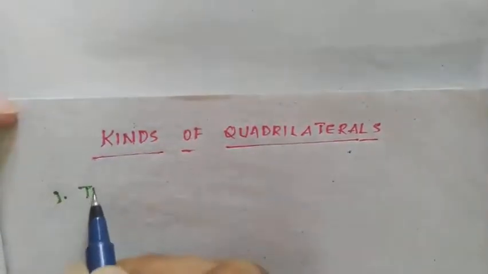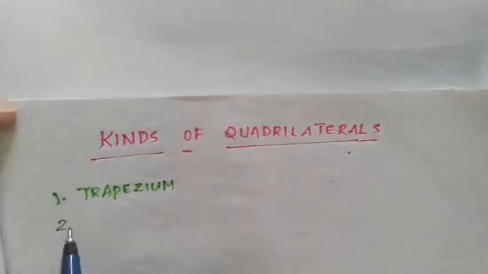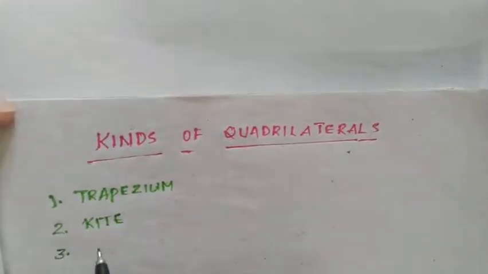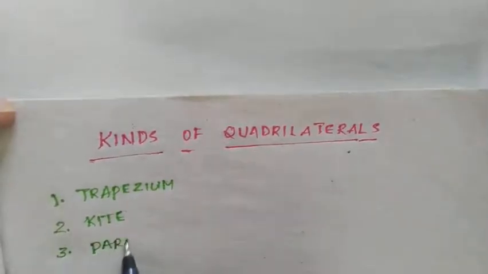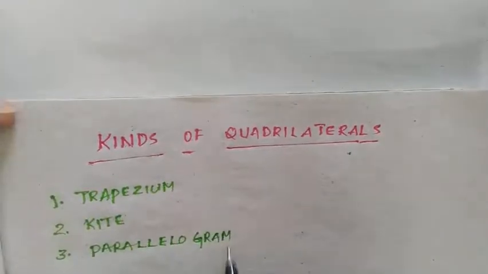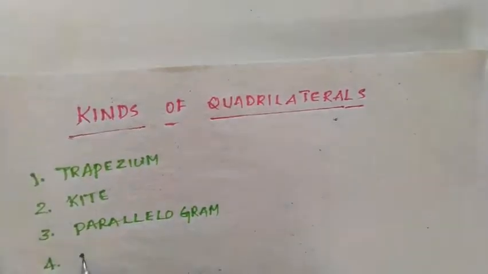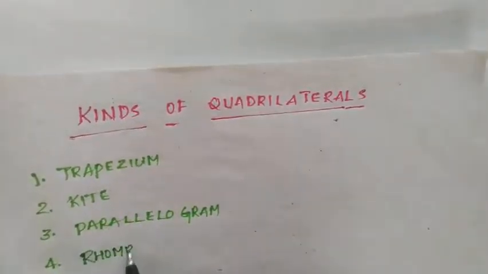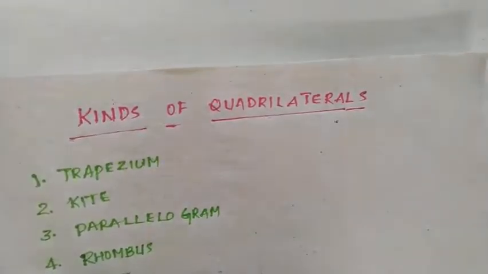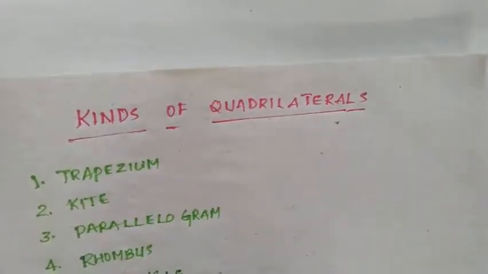One is trapezium, another one kite, next is parallelogram, fourth one it is rhombus, fifth one rectangle, and square.